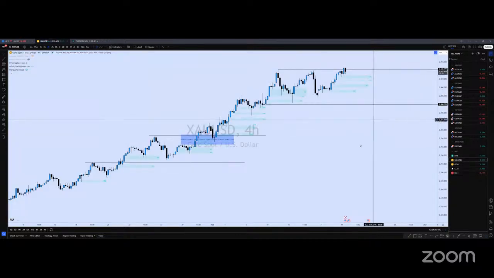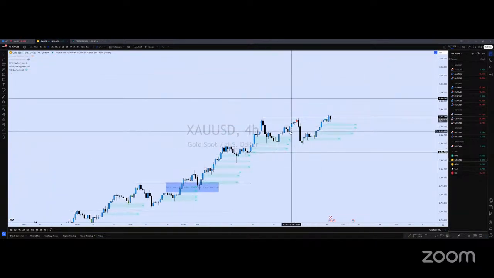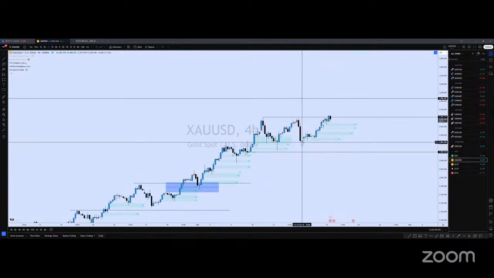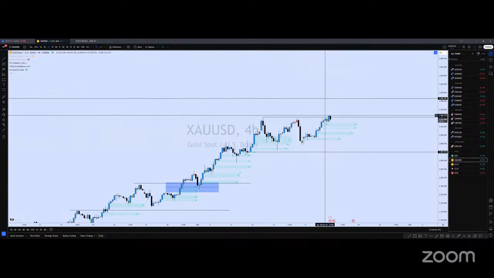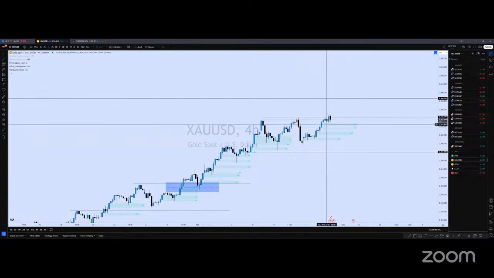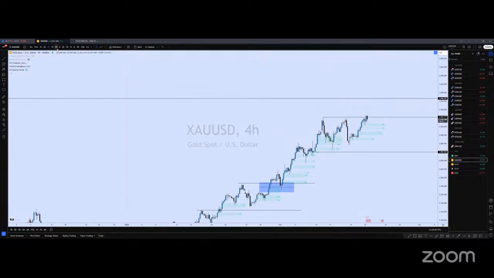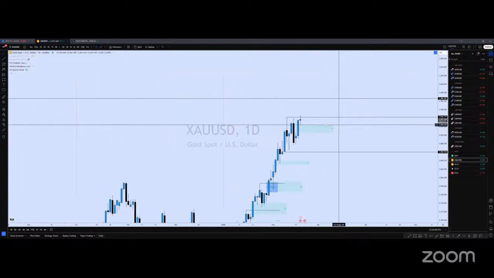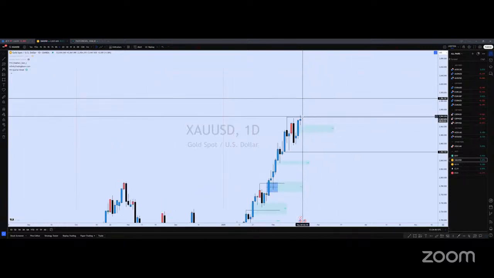Gold, we did eventually go up, which, like I said, 60-40, 60 down, 40 up, and it seems the 40 won, right? Now, is it likely to continue going up? Based on how we closed yesterday, we can continue going higher.